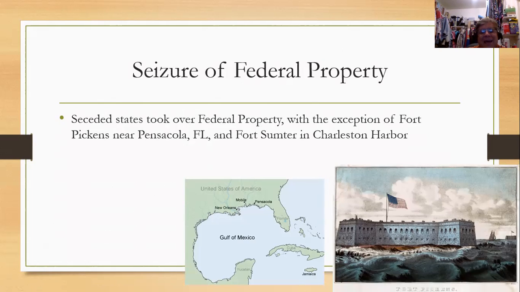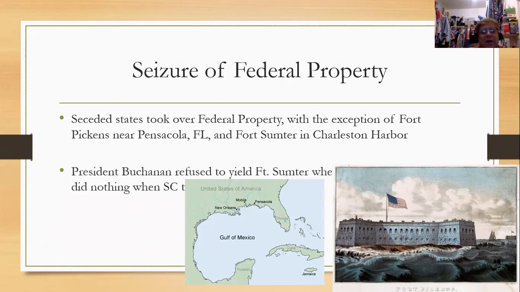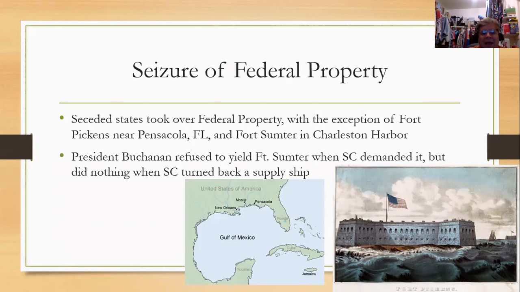The seceded states took over property in Pensacola, Florida, and near Fort Sumter in Charleston Harbor. Now, Fort Sumter we'll talk about in a few minutes. President Buchanan, during most of his presidency, didn't have much of a backbone, but he refused to yield Fort Sumter when South Carolina demanded it.